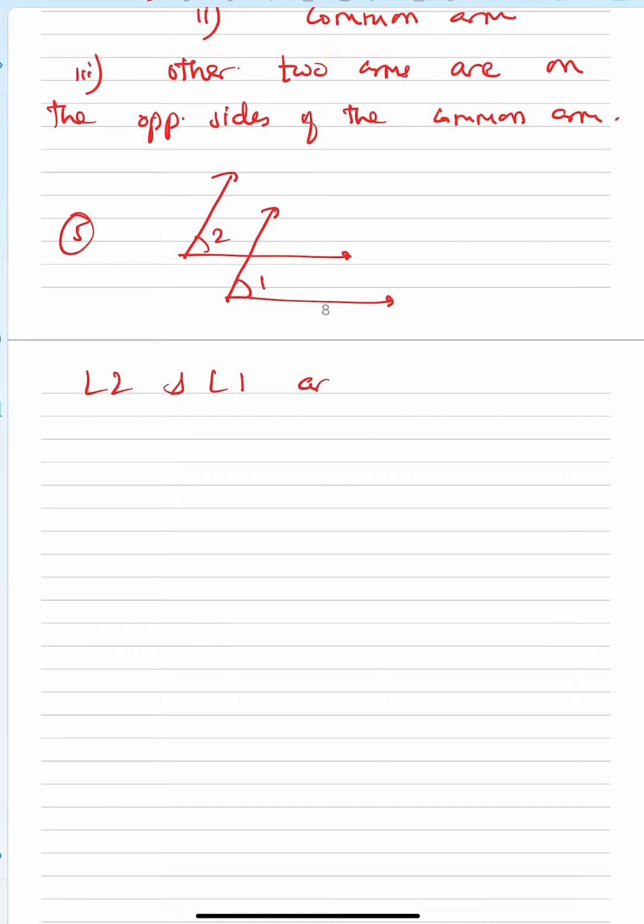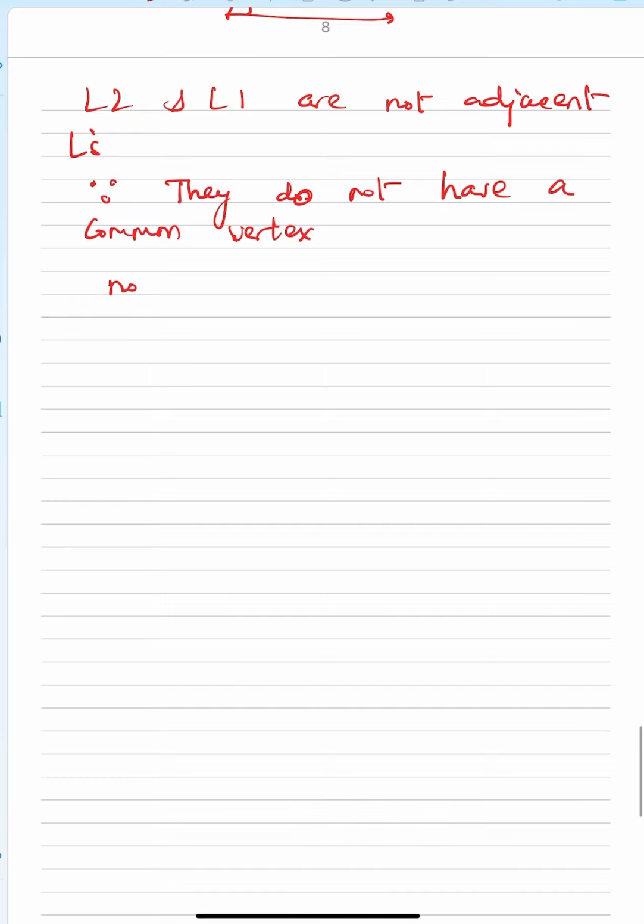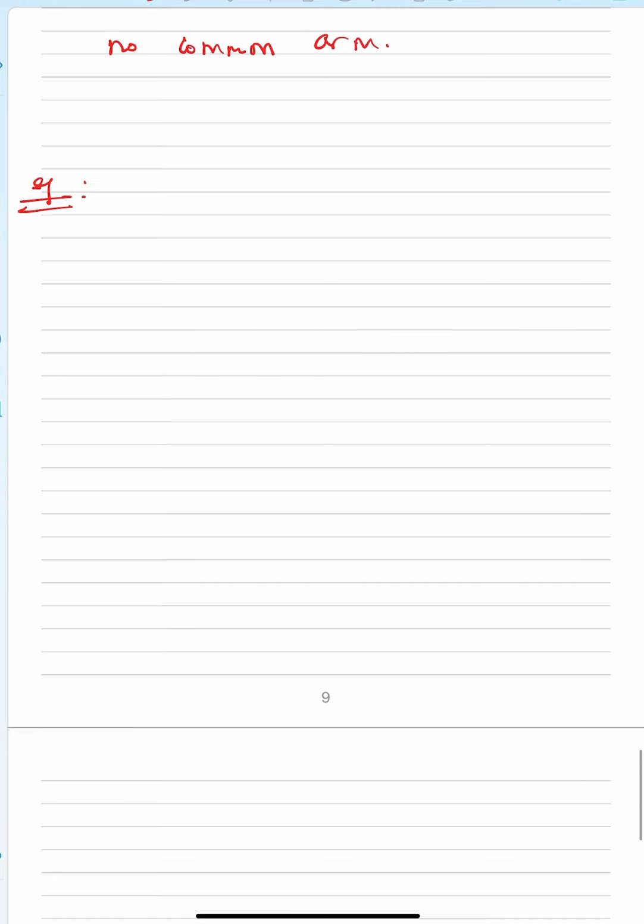Angle 2 and angle 1 are not adjacent angles because they do not have a common vertex, and also no common arm. So this way you need to check whether they are adjacent angles or not.